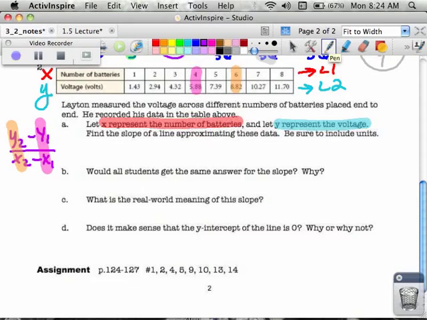So the second y value was 8.82 minus the first y value, 5.88. Again, this might not be the same if somebody chose different points, and that's okay.